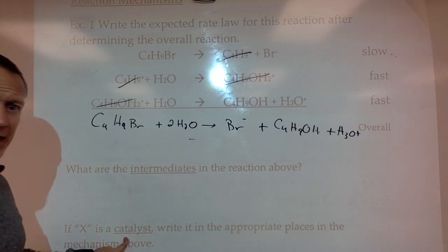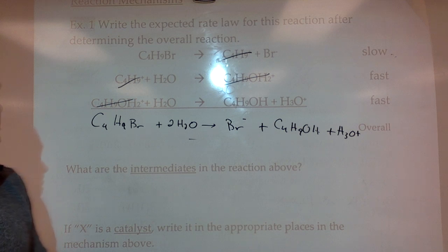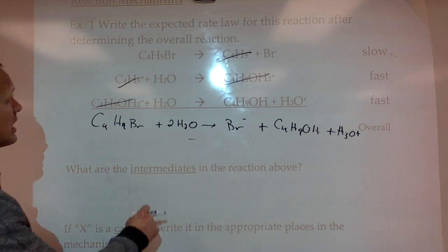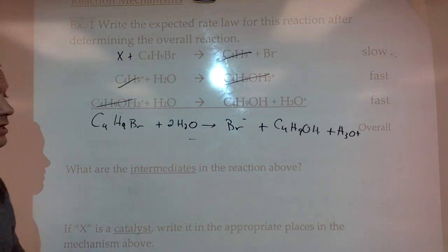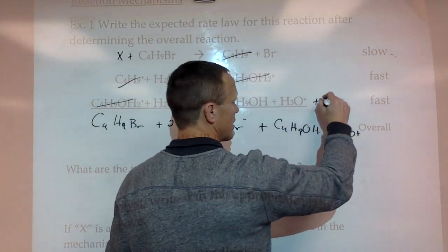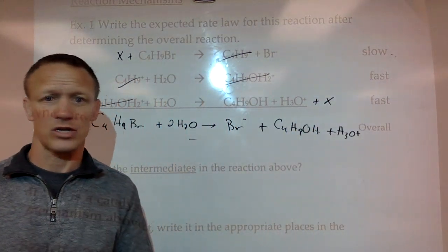Question down here at the bottom asks if X is a catalyst. So if there was a catalyst in this reaction, not all our reactions have a catalyst. If there was a catalyst, put it in there. Well, if X was a catalyst, it would be here, and it would be there. So a catalyst, remember, is not used in a reaction. It's not consumed at all.